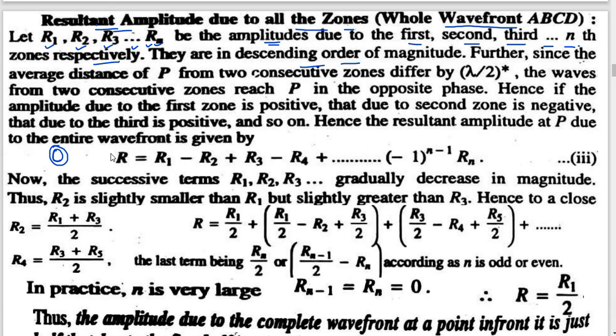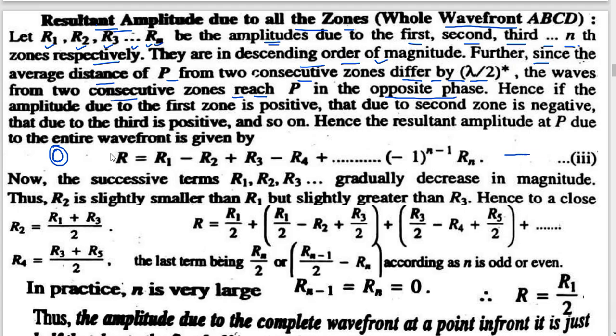Further, since the average distances of P from two consecutive zones differ by lambda by 2, the waves from two consecutive zones reach P in opposite phase. What is the meaning of that? This is a very important point.